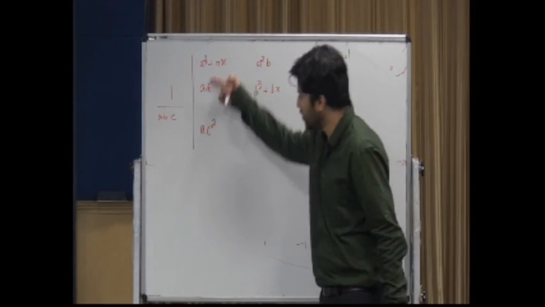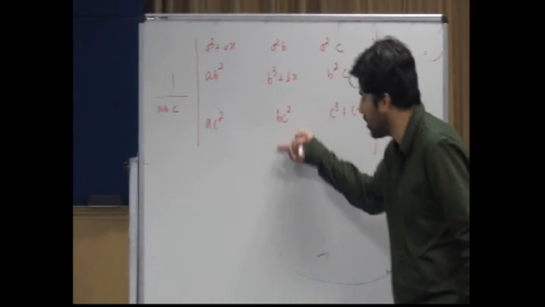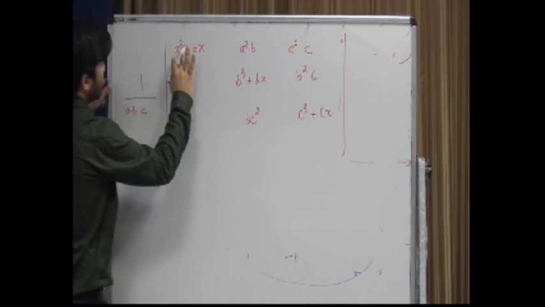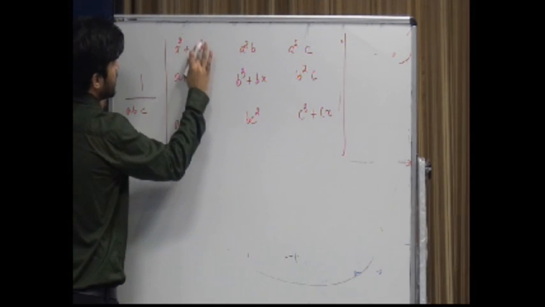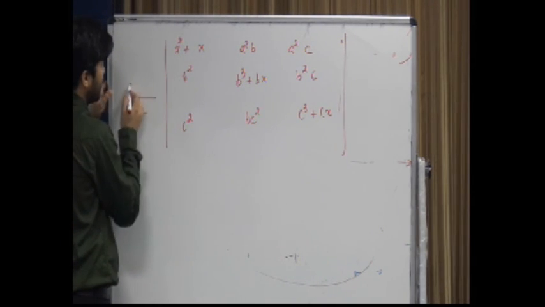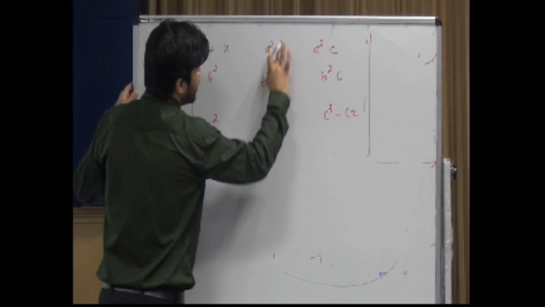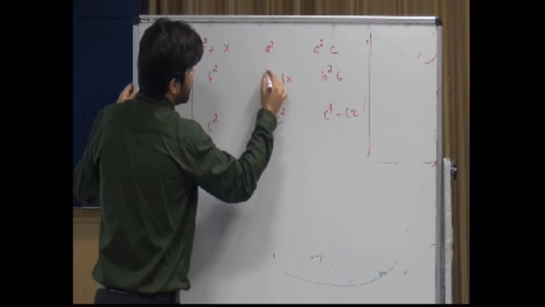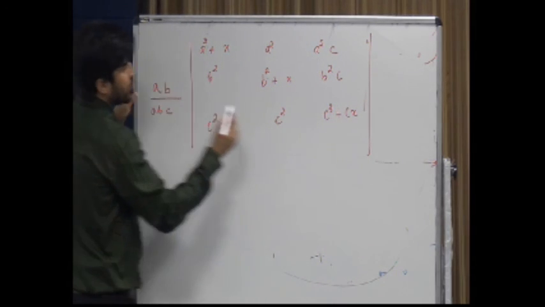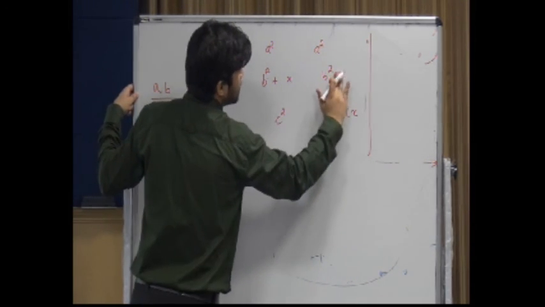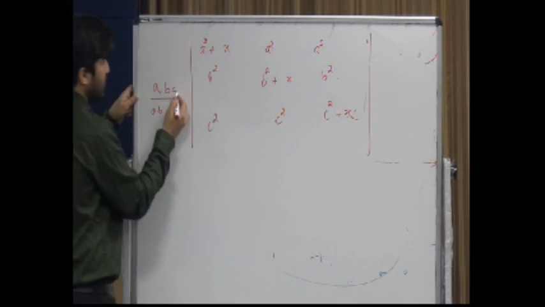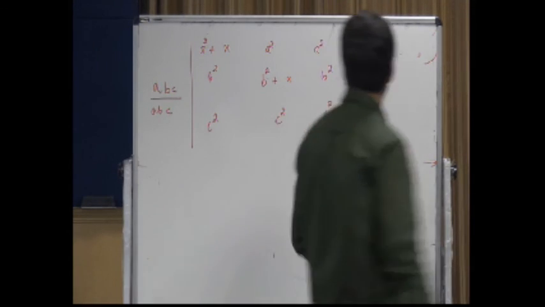Now I see A common from this column, B common from this column and C from this one. So to remove the A, I made this A square plus X, removed A from here, removed A from here, and wrote A here. Similarly I removed this B, I made this B square, I removed this, I removed this, what I made it B, and then I removed C, this C and this C square plus X. Up to here there is no problem.